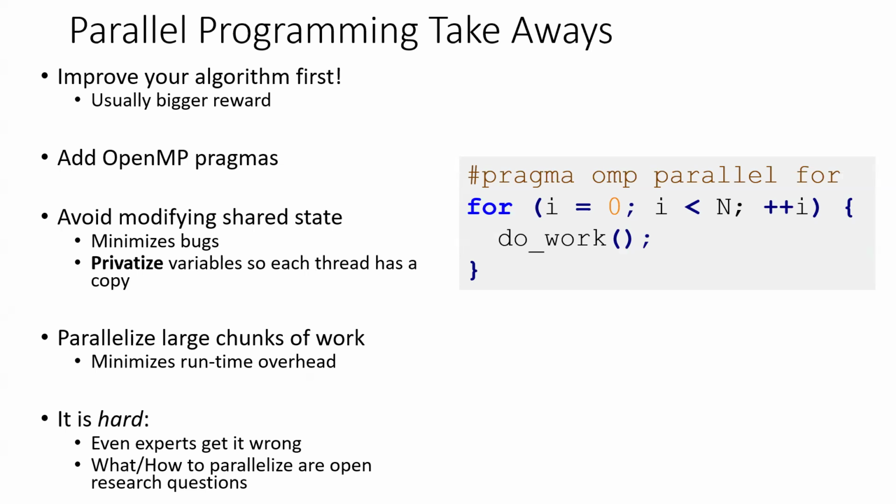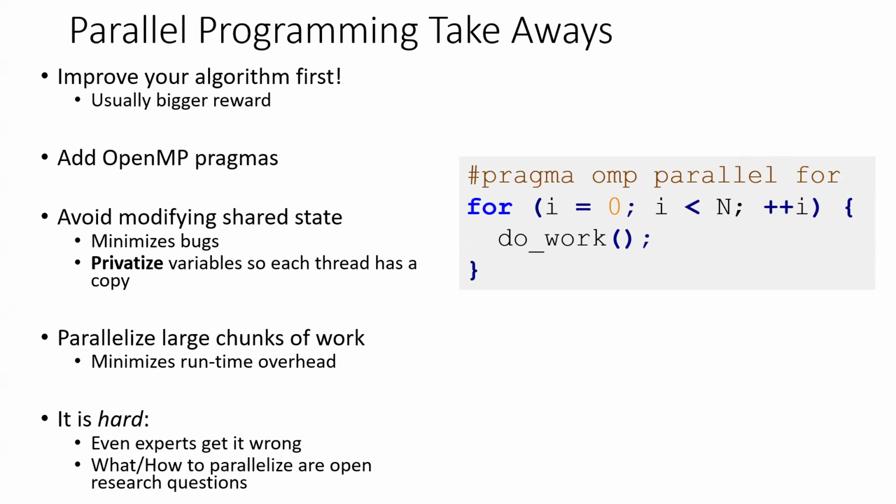Add OpenMP pragmas to for loops, and this should be enough for your M4. And this is easily added and disabled. Avoid modifying shared state when you add the OpenMP parallel for, and this will minimize bugs.